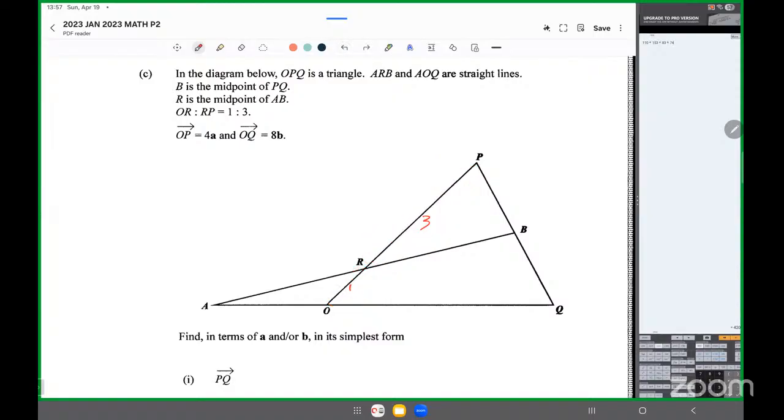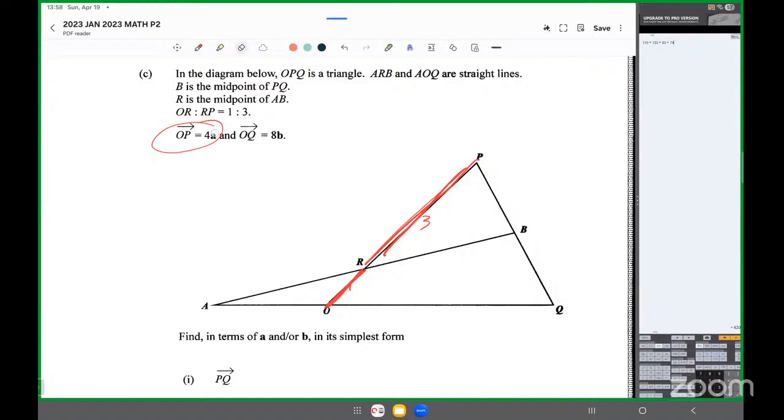So the whole of the line is 4A. It's 1 part and 3 parts. It means that if the whole line is 4A, then the vector from here to here is 1A, and the vector from here to here is 3A, because 4A is divided into A plus 3A. See that? Good.